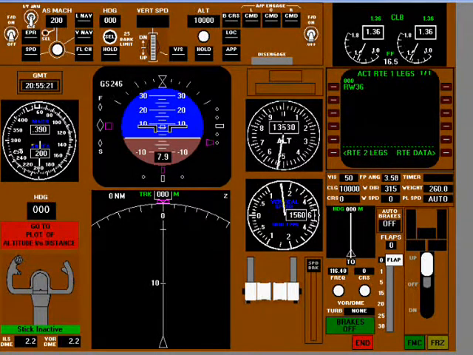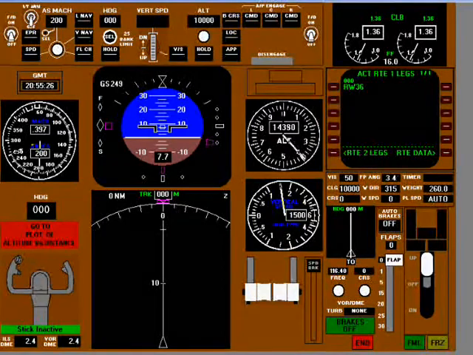Now, maintaining 200 knots, we will level off using a precise transition at 15,000 feet.